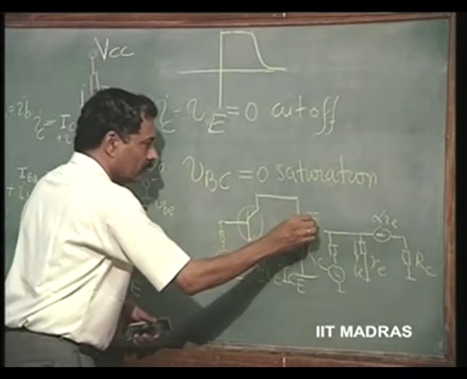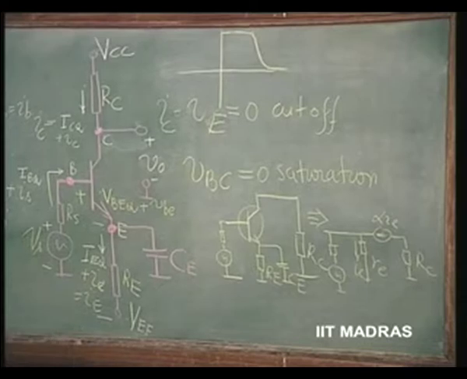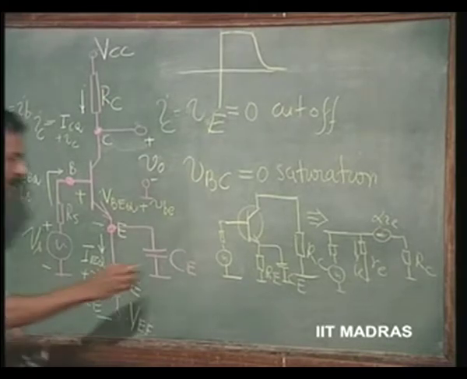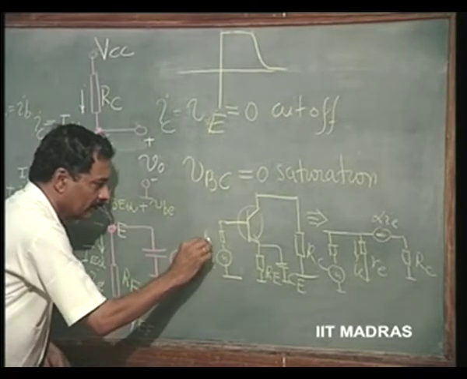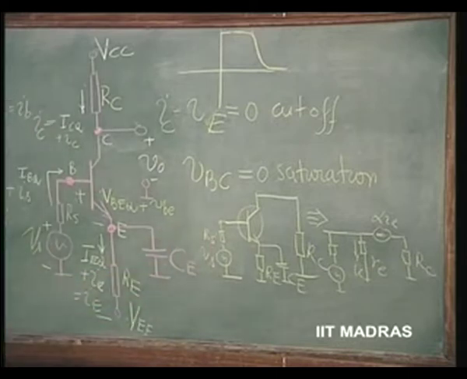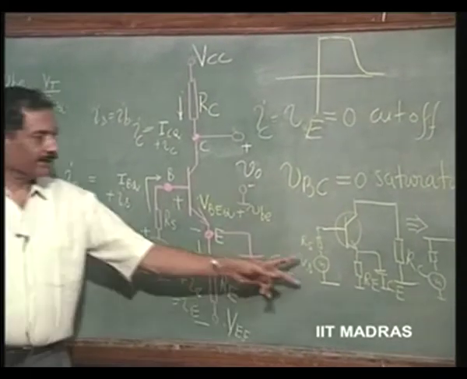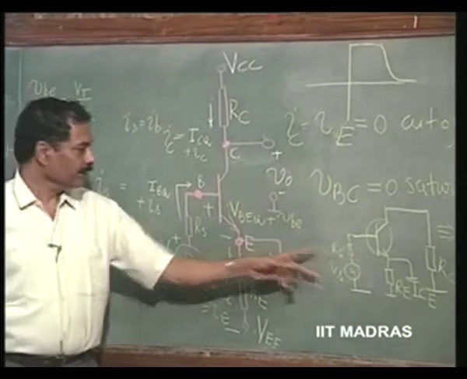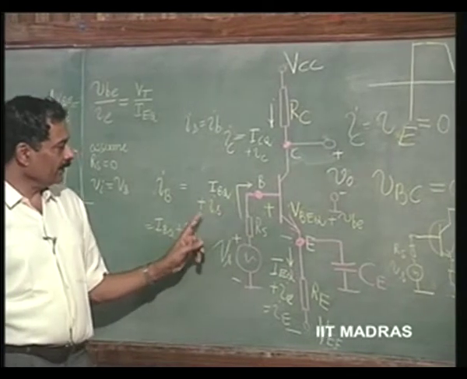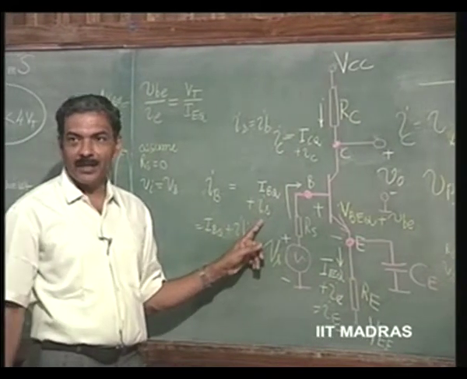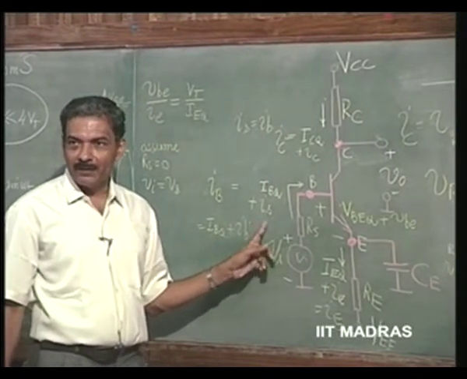So this is valid only for these signals Is. Vs is kept as such, Rs is kept as such, and through this Vs Rs combination, instead of IBQ plus Is flowing, only Is will flow.